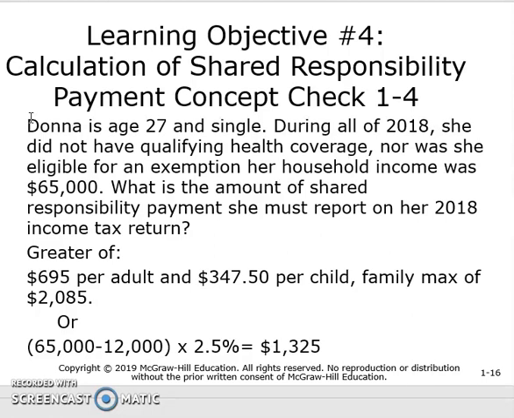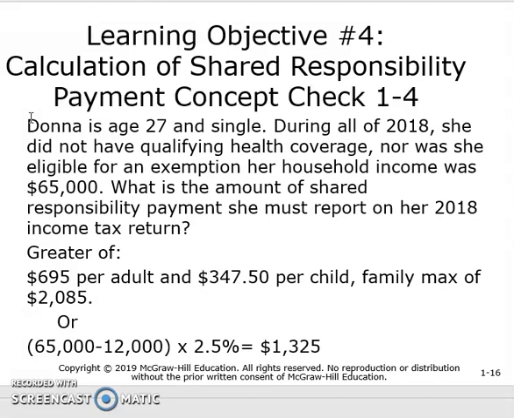So we need to calculate what amount her shared responsibility payment will be when she files her 2018 income tax return. So to go back to the information on the prior slide, her shared responsibility payment is going to be the greater of $695 per adult since she's filing as single, or 2.5% of her income minus the threshold. So the threshold for a single individual will be $12,000.